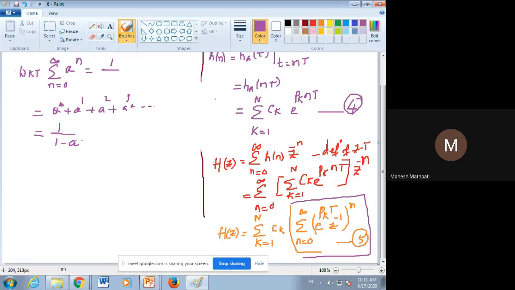So based on this, how can we write equation 6? How can I write equation 6?